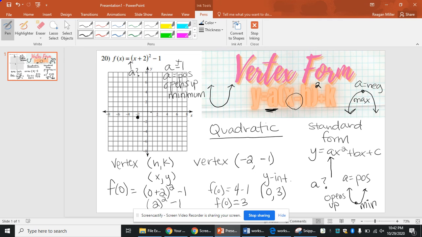I won't go left or right any because that's 0. I'll go up 3. 1, 2, 3. I'll put a little dot right there. Okay. So if I was doing this the true correct way, I would spend time to figure out what my x intercepts are, my roots, my zeros, and I would draw it.